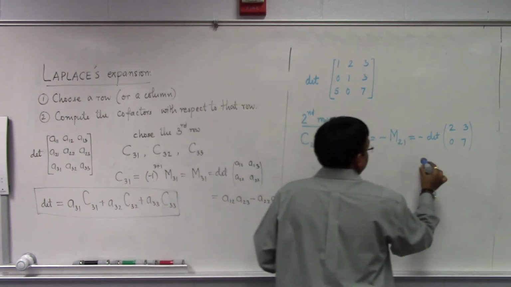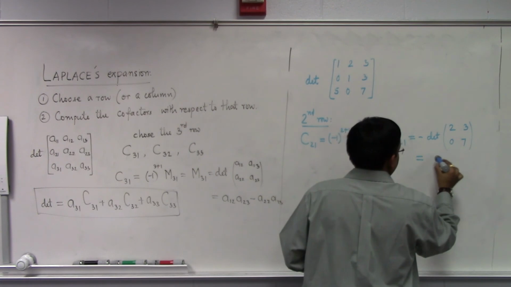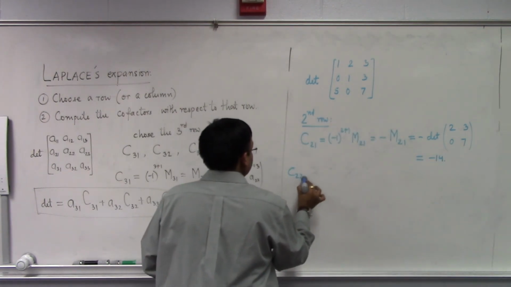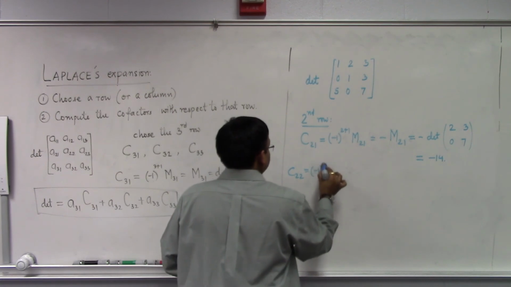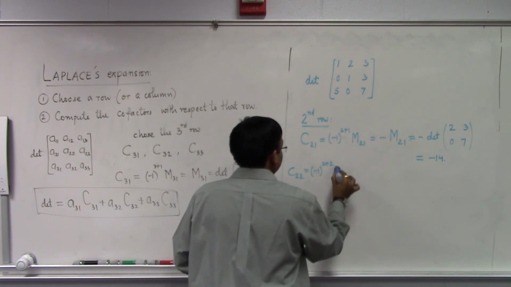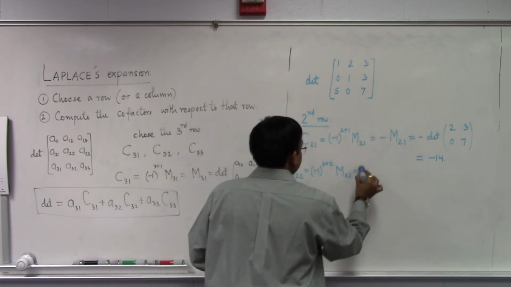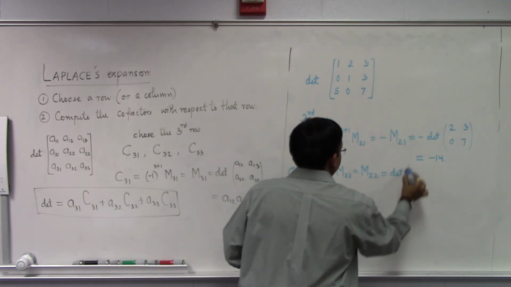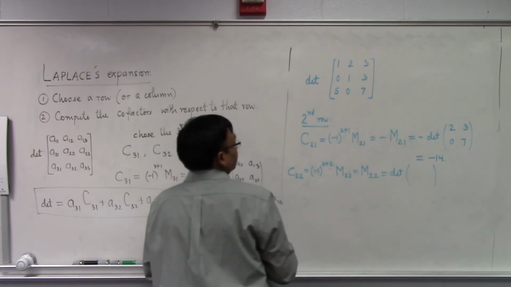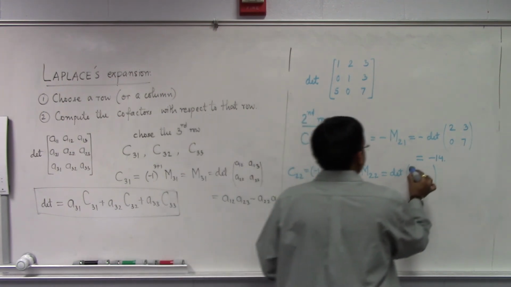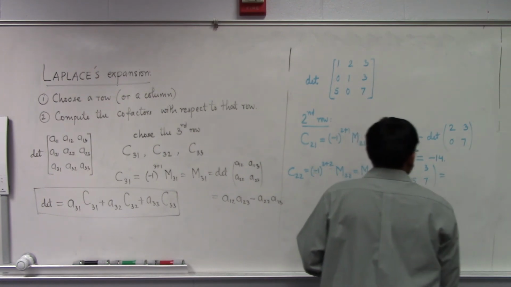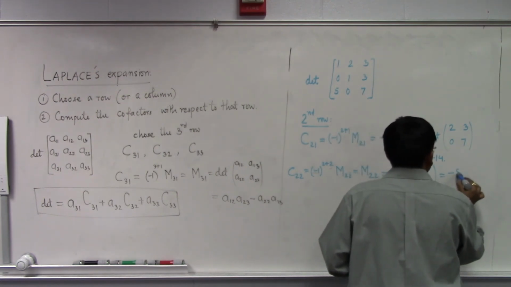Likewise, I can now compute C22. C22 will be (-1) to the 2 plus 2 times M22, which is the determinant of the matrix obtained by deleting the second row and the second column. So it will be 1, 3, 5, 7, which is minus 8.